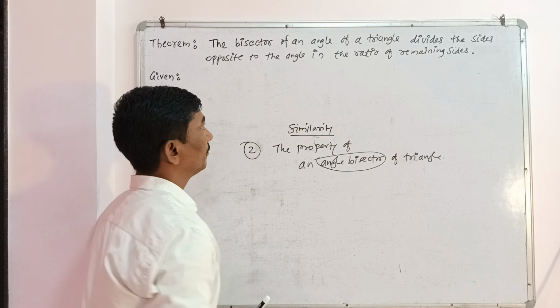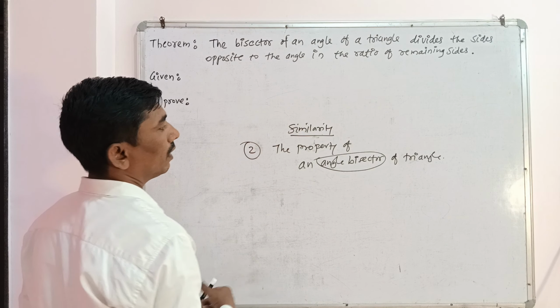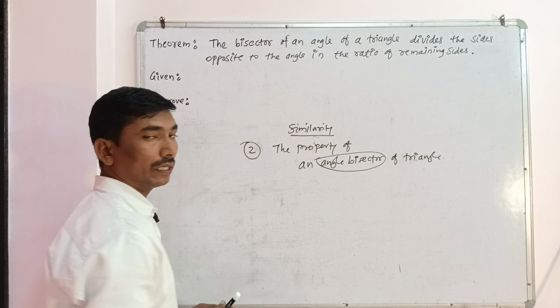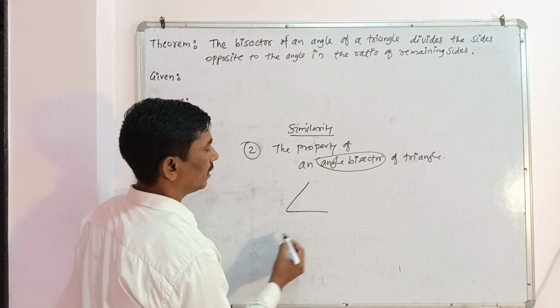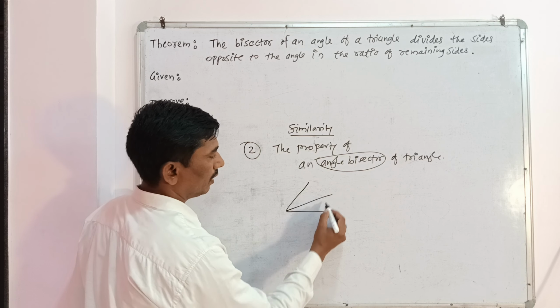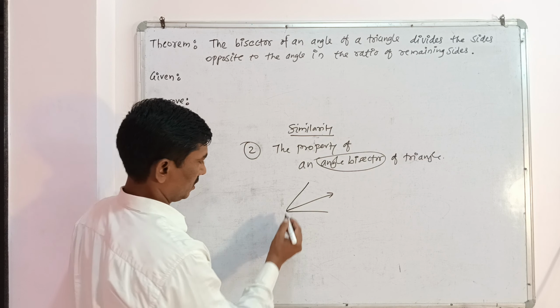So the statement is: the bisector of an angle. You know what a bisector is? The bisector of an angle is nothing but the ray which bisects the angle into two equal parts, isn't it?